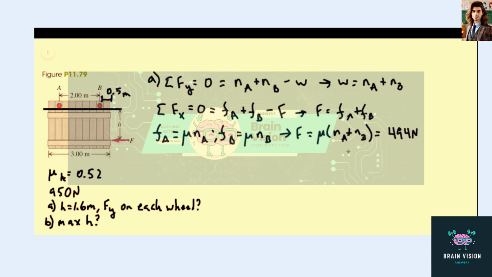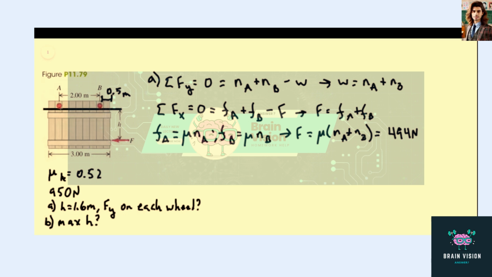Now, we want to use the torque equilibrium condition, so we're going to compute torques about point B. So the normal force at B and the friction force at B are both a distance of 0 away from B, and so they have no contribution to the torque.